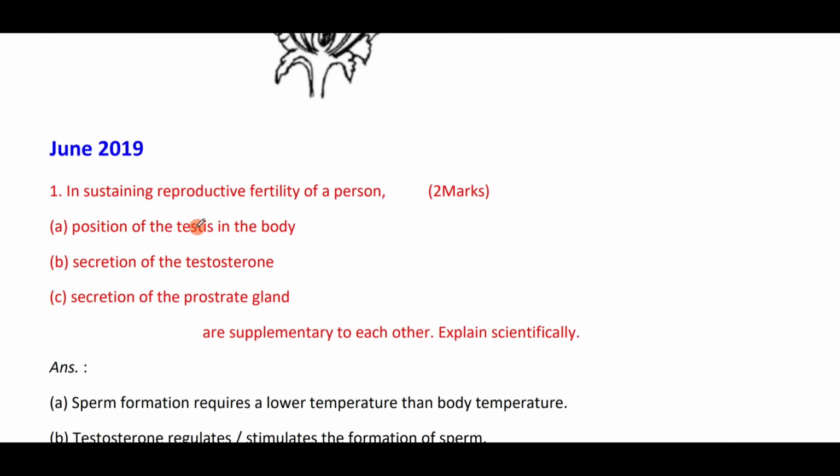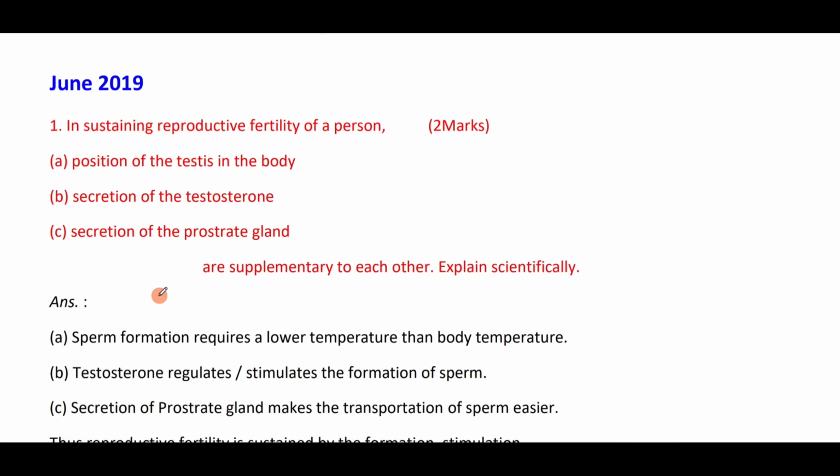In sustaining reproductive fertility of a person, the position of the testis in the body, secretion of testosterone, and secretion of the prostate glands are supplementary to each other. Explain scientifically. Sperm formation requires a temperature lower than the body temperature.